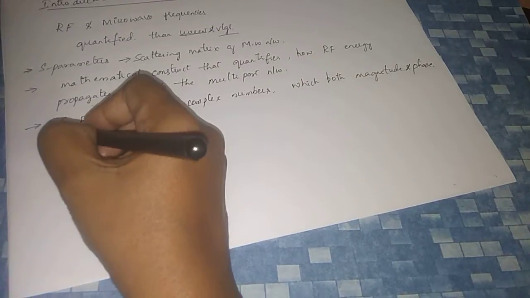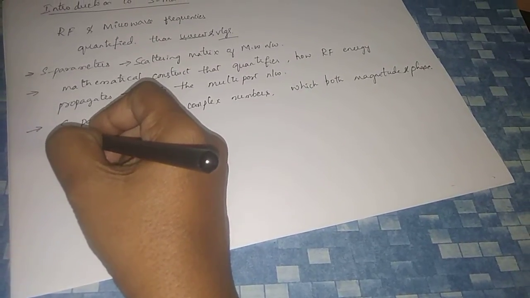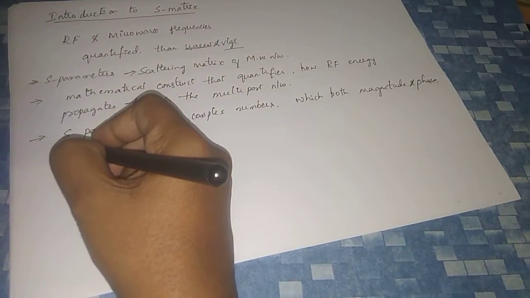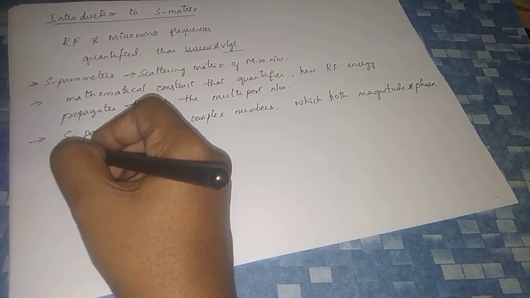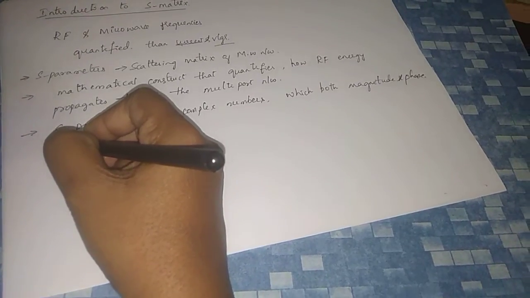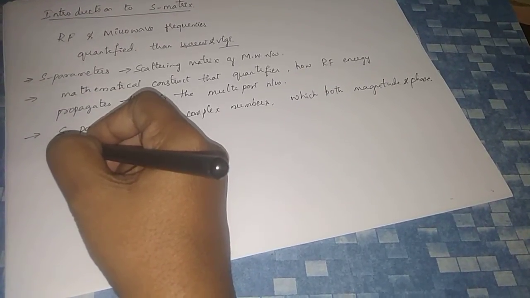The real part indicates the magnitude and the imaginary part indicates the phase, because both the magnitude and phase of the incident signals are changed by the network.